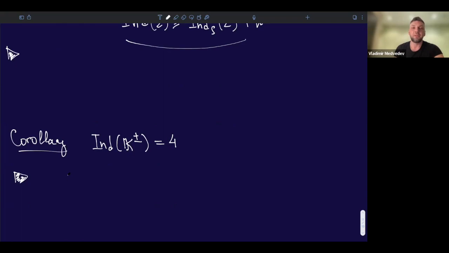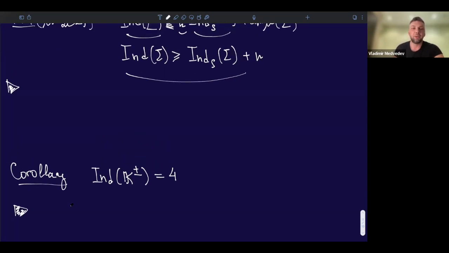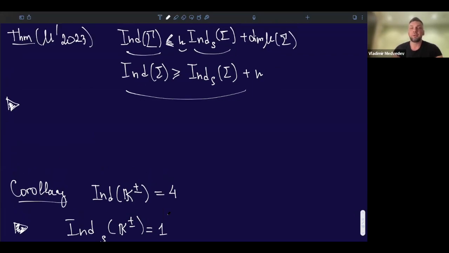So the only thing you need to do here is prove that the spectral index of k plus minus equals 1. And this is the same as proving that the number of Steklov eigenvalues less than cotangent in the spherical case and less than hyperbolic cotangent in the hyperbolic case is exactly 1.